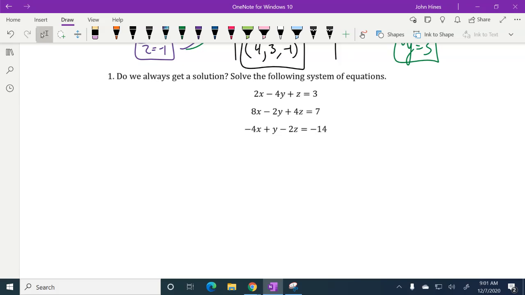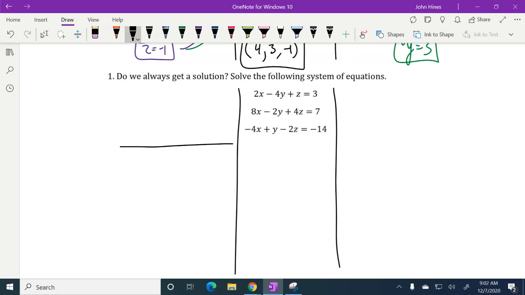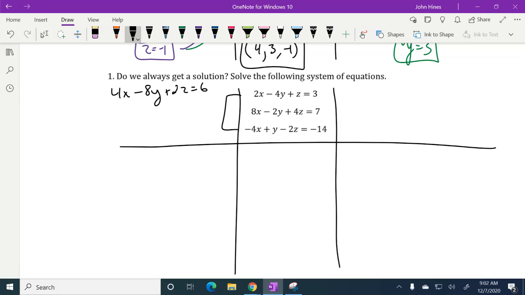All right, so who am I going to eliminate here? Let's eliminate, I don't know, maybe the x's. They're all pretty straightforward. Let's try the x's. Let's do top and bottom. So I'm going to double this first guy. So 4x minus 8y plus 2z equals 6.